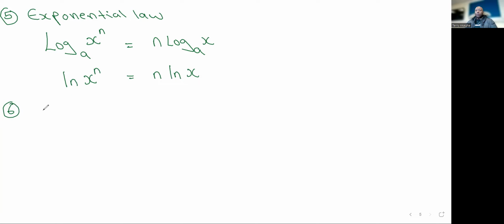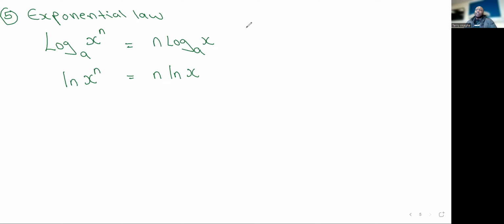Number 6. The next law is what we call the zero law, okay? But before I go to number 6, for number 5, there are other variations of it as well, okay? So the first one is when you have the number here having the power.